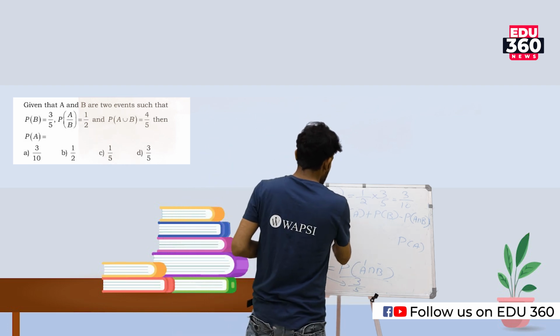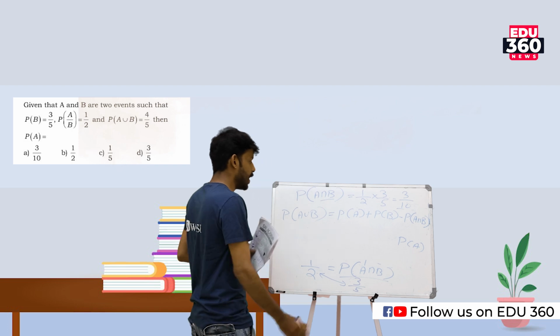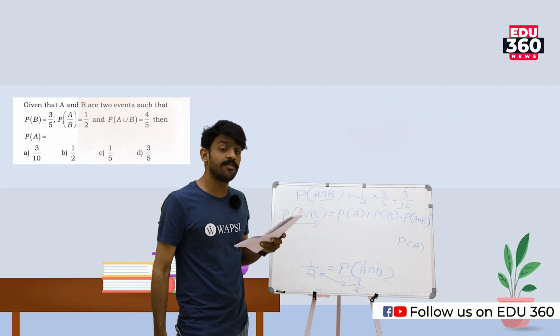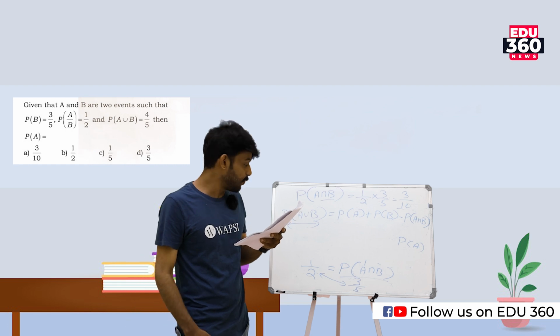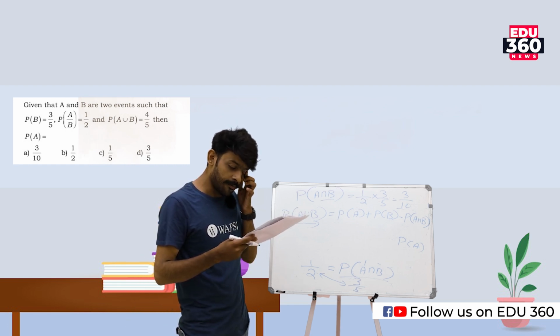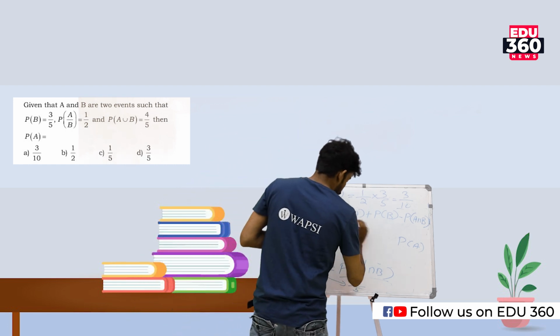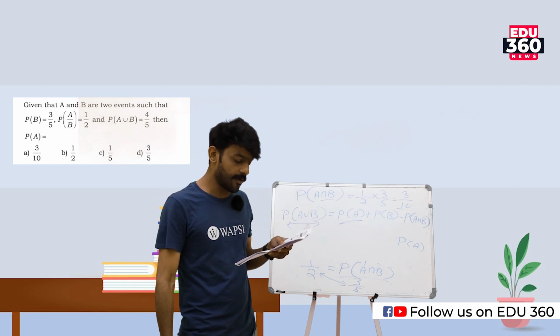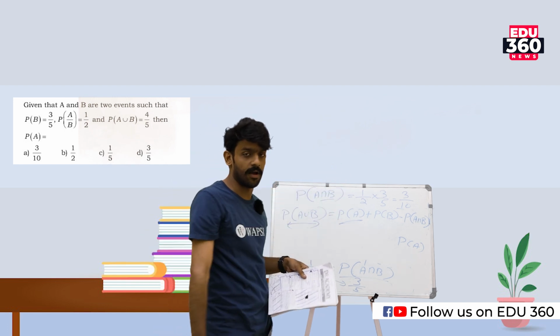We got P(A ∩ B) as 3/10, and the value of P(A ∪ B) is already given in the question, that is 4/5. P(A) is what we need to find. The value of P(B) is already given, that is 3/5. So just substitute the values here.